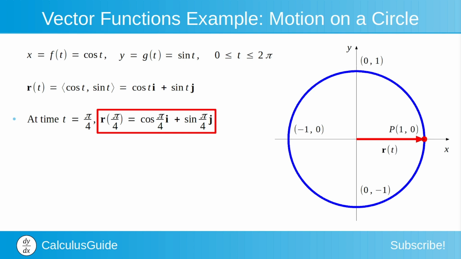Looking at this vector now highlighted, cos pi over 4 is equal to the square root of 2 over 2. And sine pi over 4 is also equal to the square root of 2 over 2. So cos pi over 4 i plus sine pi over 4 j is equal to the square root of 2 over 2 i plus the square root of 2 over 2 j.